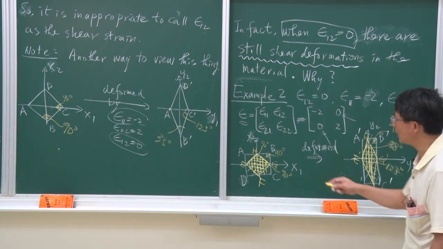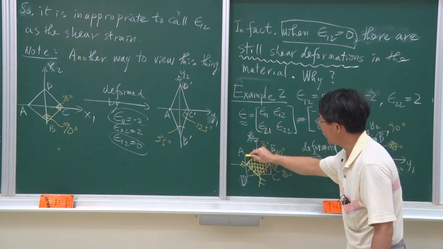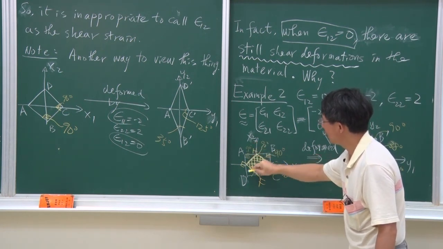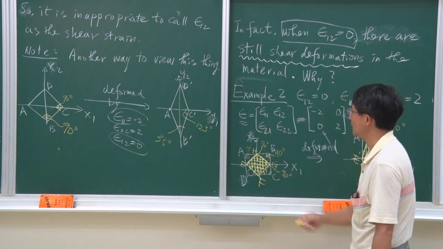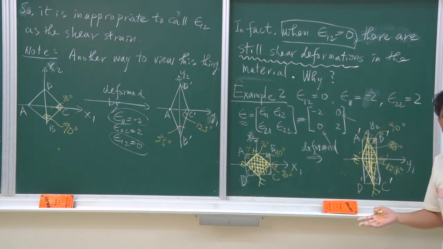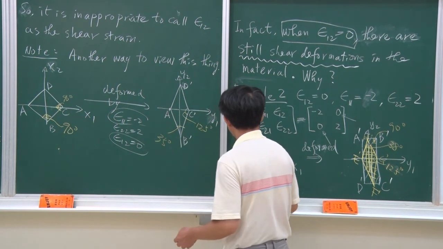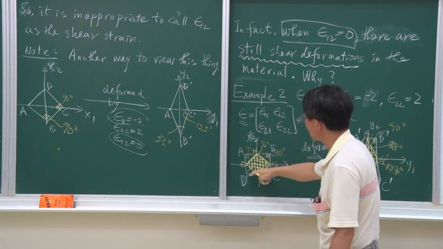This way is a wrong way to illustrate the idea. You see, we have a 90 degree angle here, so we still have 90 degrees. There's no shear deformation. Then you are wrong, completely wrong, because this is one material point.